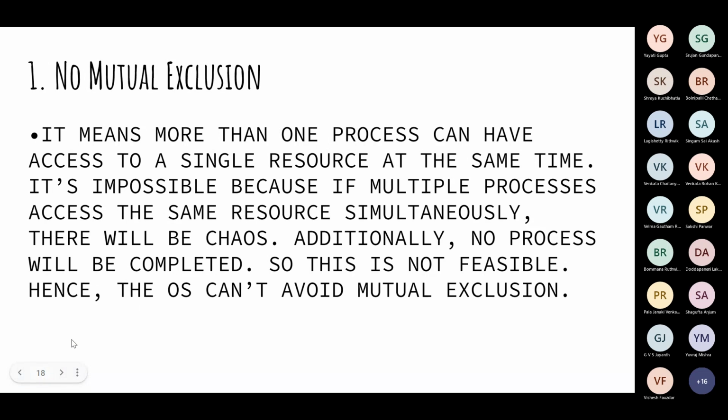No mutual exclusion means more than one process can have access to a single resource at the same time. It's impossible because multiple processes accessing the same resource simultaneously will create huge chaos. So no process will be completed. Hence, the OS cannot avoid mutual exclusion.